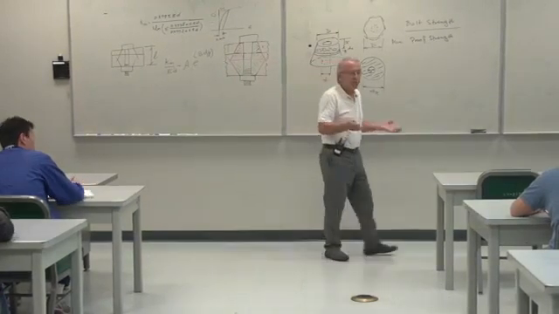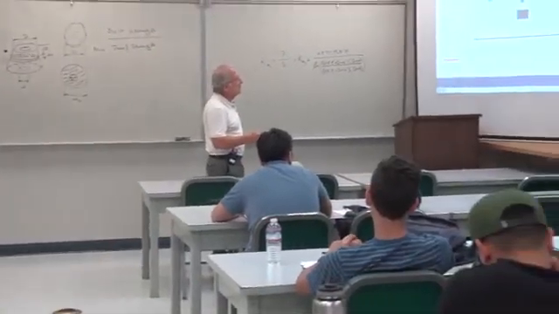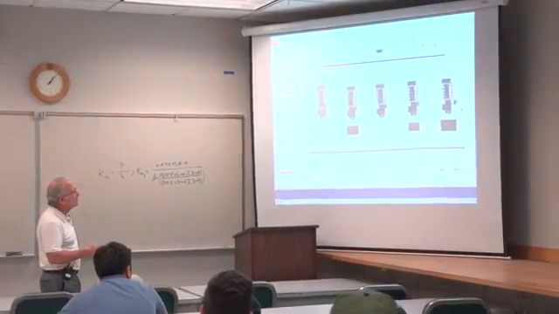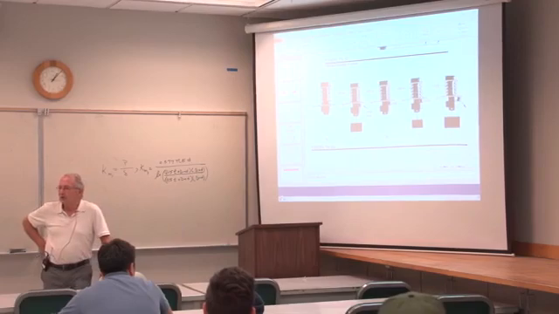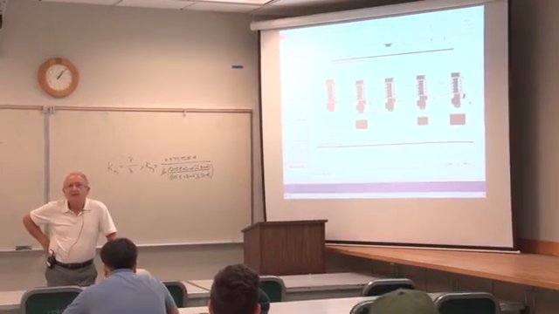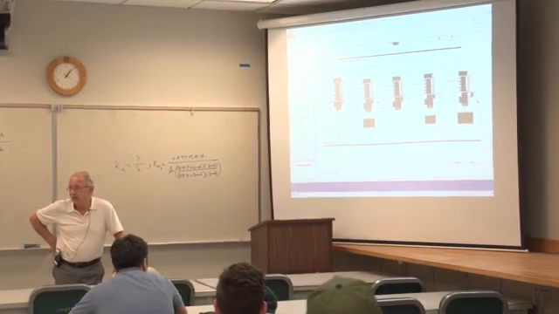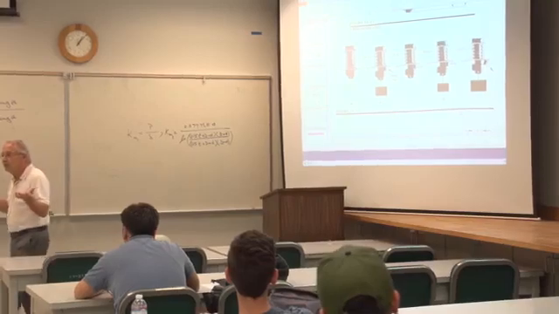Whatever force it had before, it has now. Now, I come in here and I hang from it, let's say, a 50-pound load. What's the force in the spring? Still the same 100 pounds, isn't it? Because its deflection didn't change. So where did this 50 pounds go?